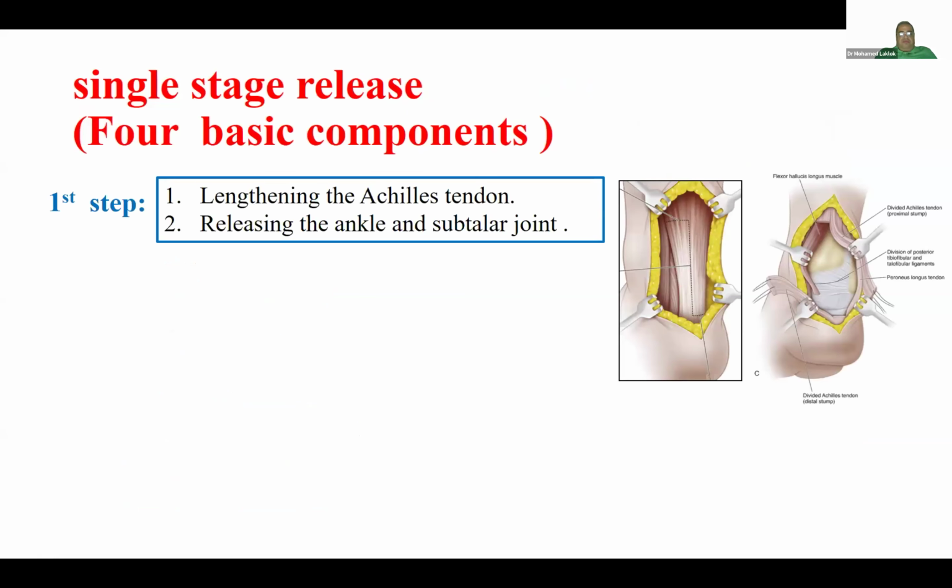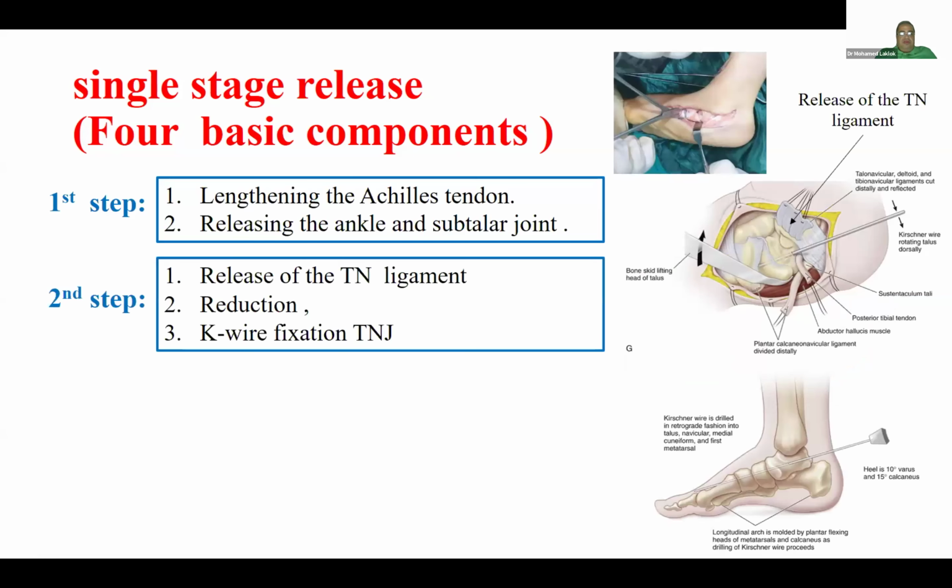Single stage release consists of 4 basic components. First step, lengthening of the tendo-Achilles and release of the posterior ankle capsule and subtalar joint. Second step, release of the talonavicular joint and reduction of the head of the talus in the talonavicular joint and fixation by K-wire.